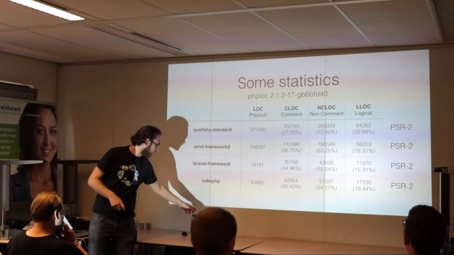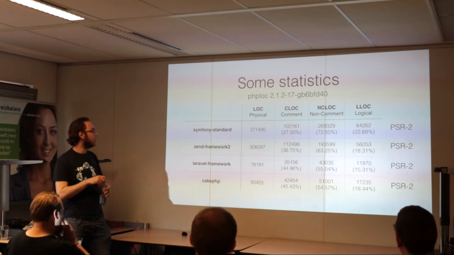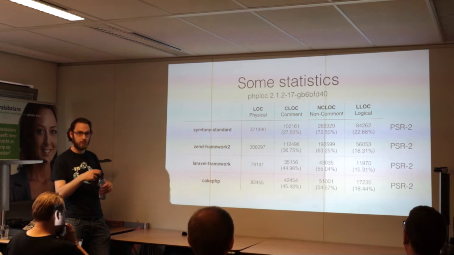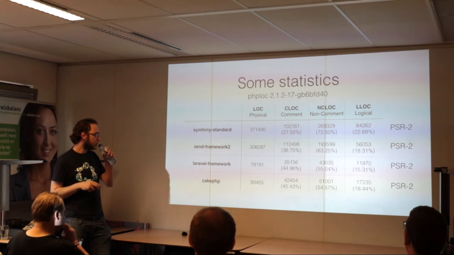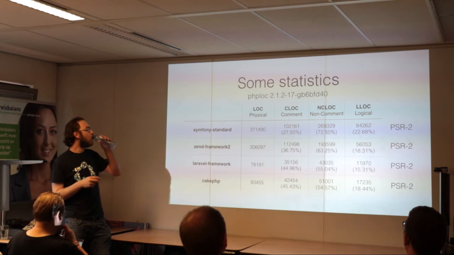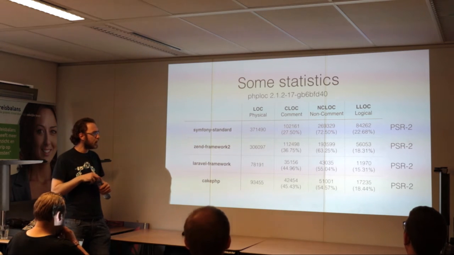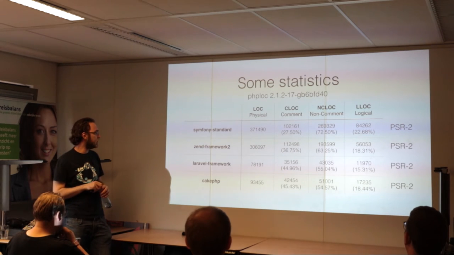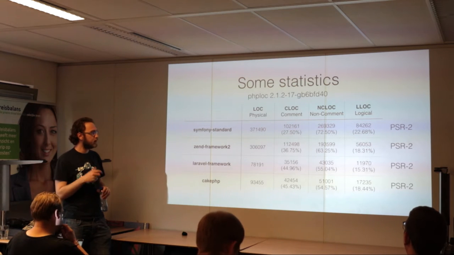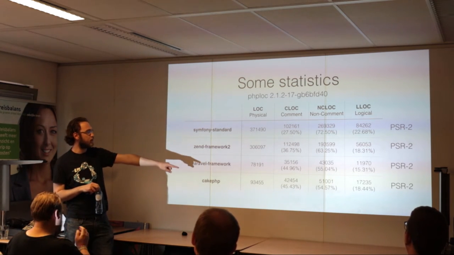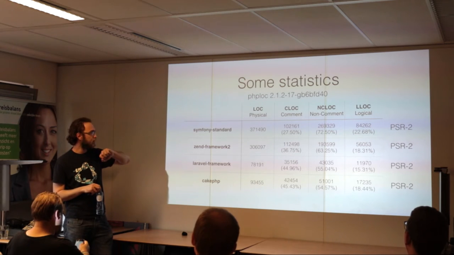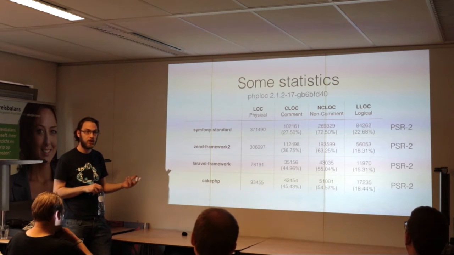I've gathered some statistics from famous packages I thought were mainly used. What you can see here is that they're pretty big projects, some bigger than the others. But what interested me was the percentage of comments per project, because that can say something about your code.